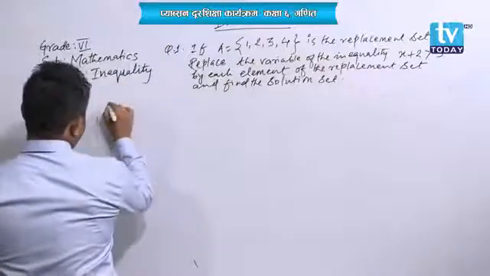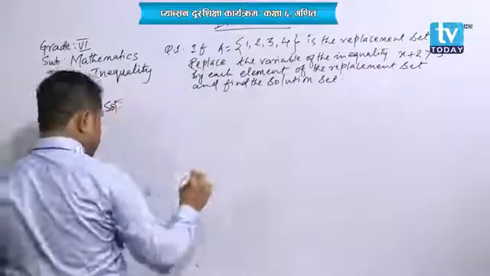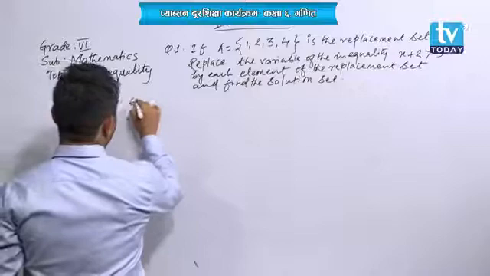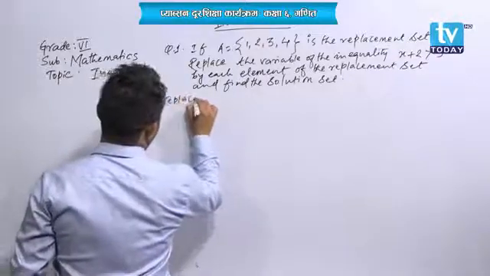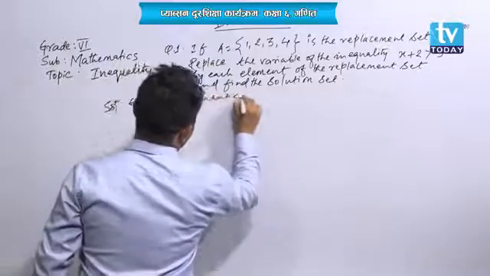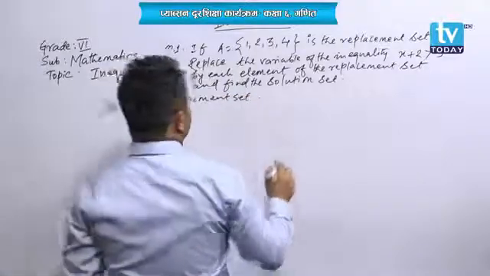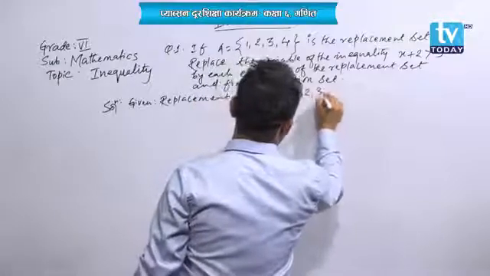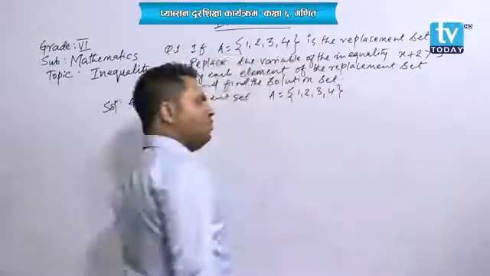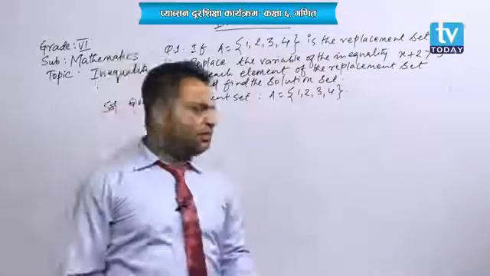Solution, how to do, please see here. Here it is given as the replacement set A equals 1, 2, 3, 4.